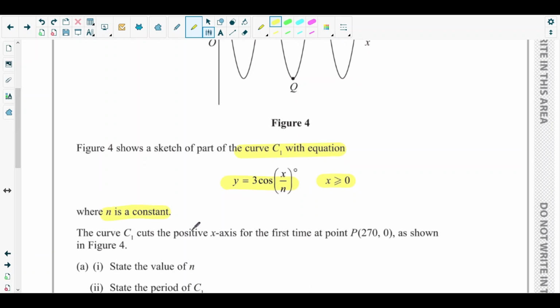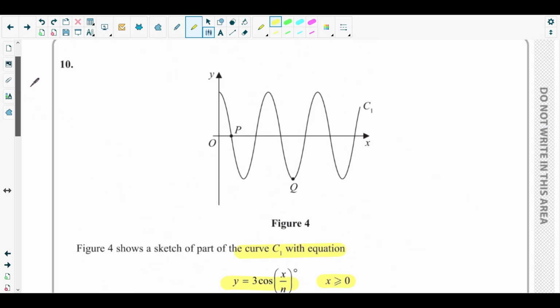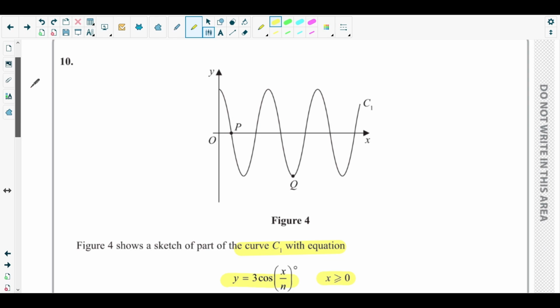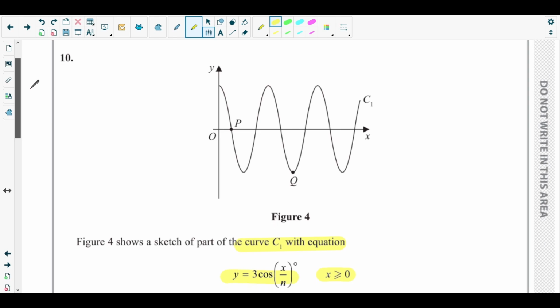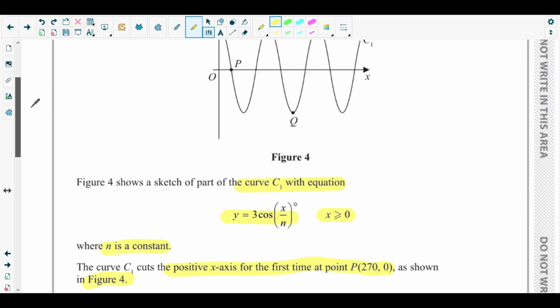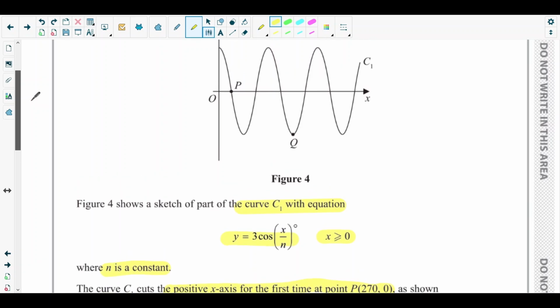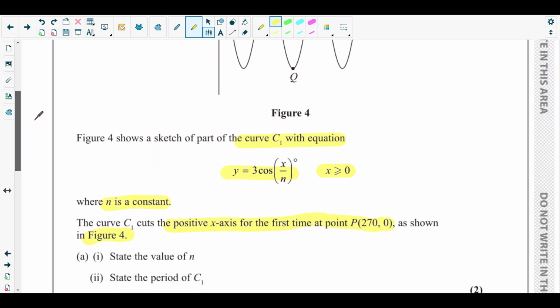The curve C1 cuts the positive x-axis for the first time at point P (270 degrees, 0), as shown in figure 4. So point P is where the curve C1 intersects the positive x-axis for the first time: x coordinate 270 degrees, y coordinate 0.